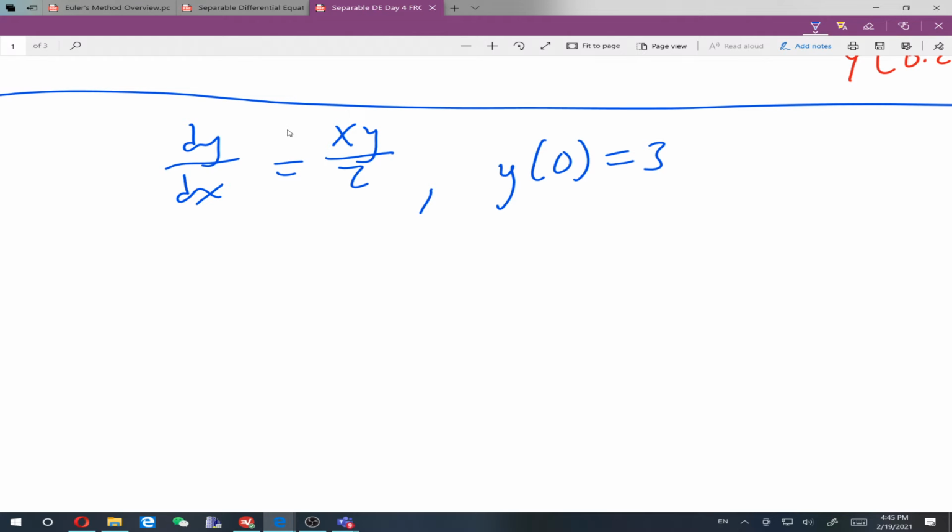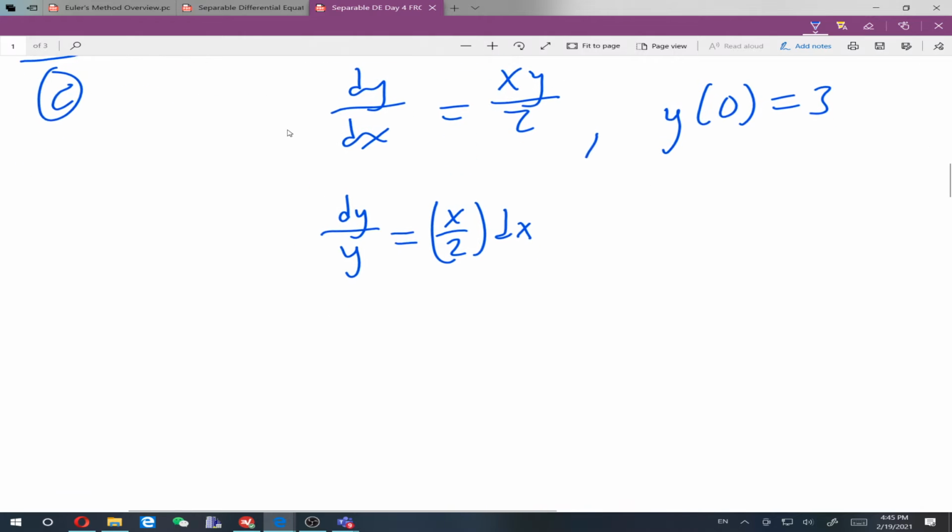We would first separate all the variables, put the y's on one side and x on the other. Right, separate the variables. That means move the y's to one side, move the x's to the other. So this will be dy over y is equal to x over 2 times dx. Then we can integrate normally.